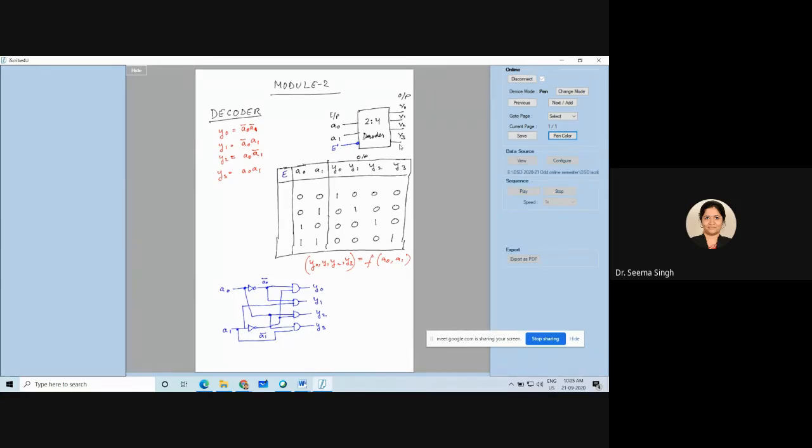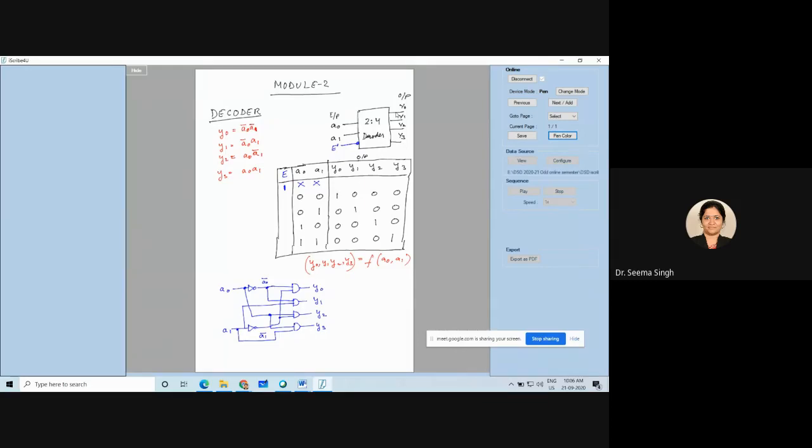And what does this say? This says that if E is high, what do you think? Enable means enabling the decoder. If E is high, it will give a 0 here, and a 0 here means it will not allow the decoder to work. When the decoder is not allowed to work, whatever input you give becomes a don't care, because it is not allowing my input to work at all.